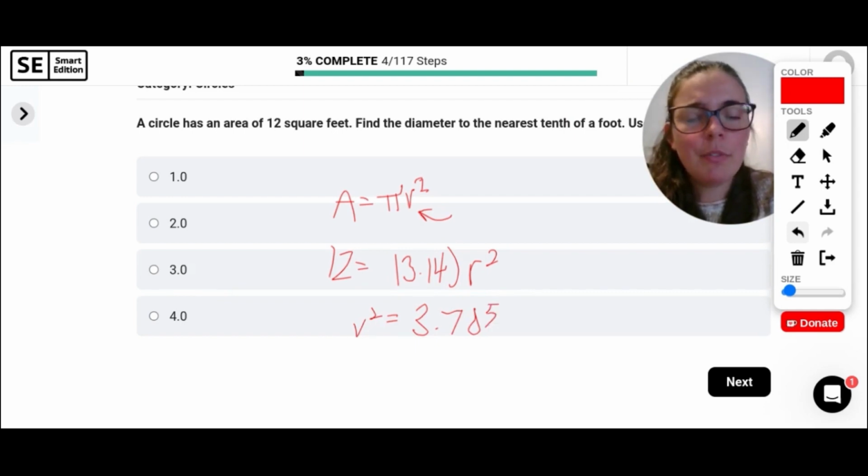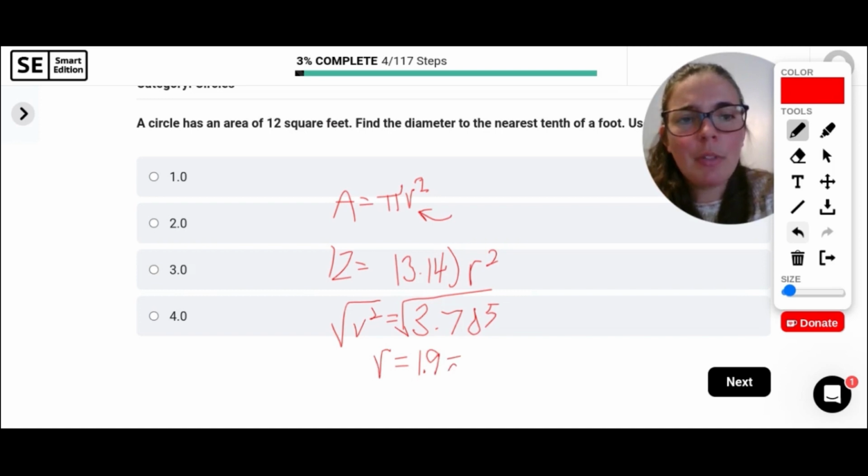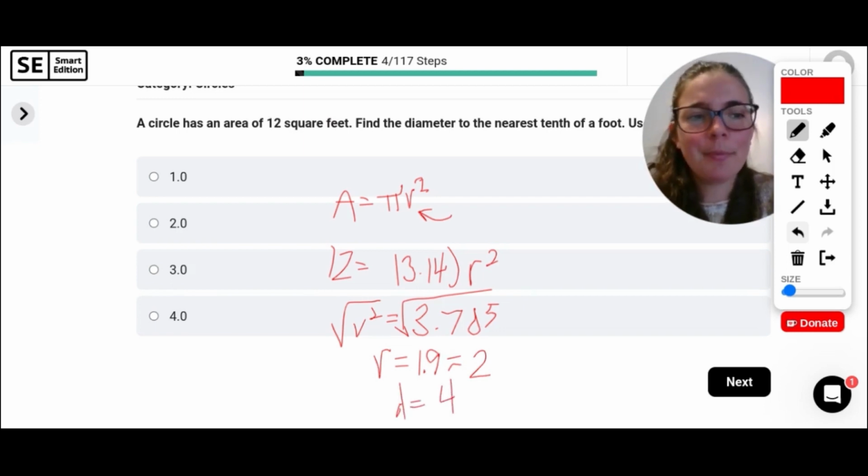Okay, in order to find the radius from here, we have to take the square root of both sides. So when we take the square root of both sides, we get that the radius is about 1.9. So we can just round that to 2. So if the radius is 2, the diameter would be twice that, which is 4.